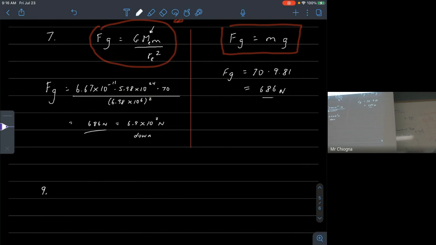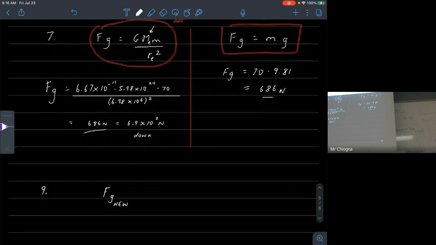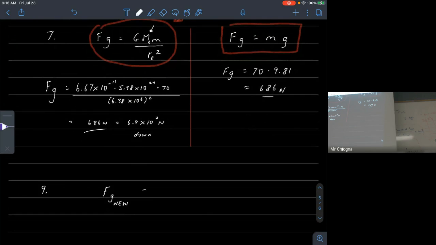Okay, so the new distance, what we're gonna have is that this is the way to do it. I'm gonna write FG new. Okay, this is FG new is equal to G. Same as above, right?